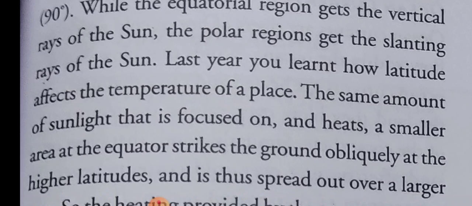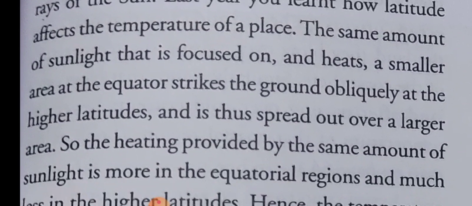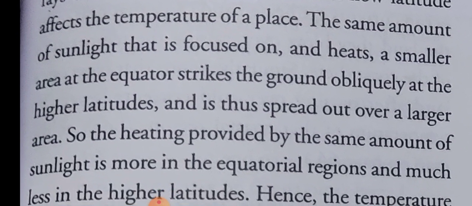It strikes the ground obliquely at the higher latitudes and thus spreads over a larger area. The areas near the pole receive slanting rays of the sun, and they cover a very large area. That's why the temperature is low.